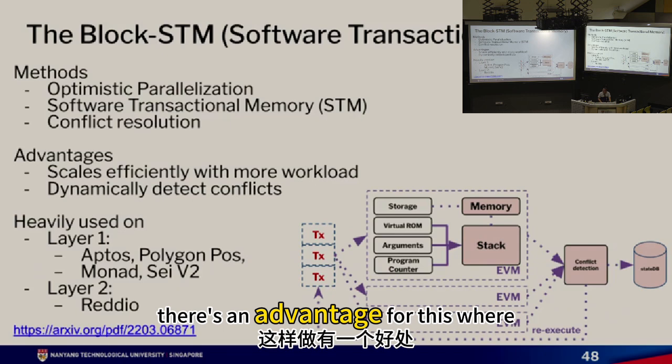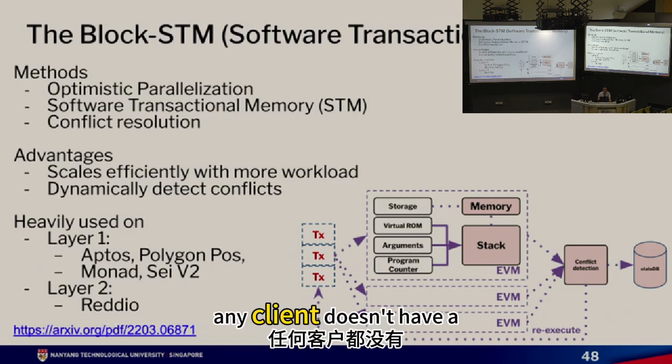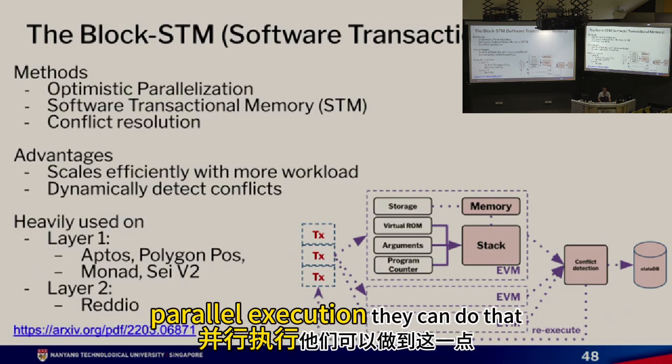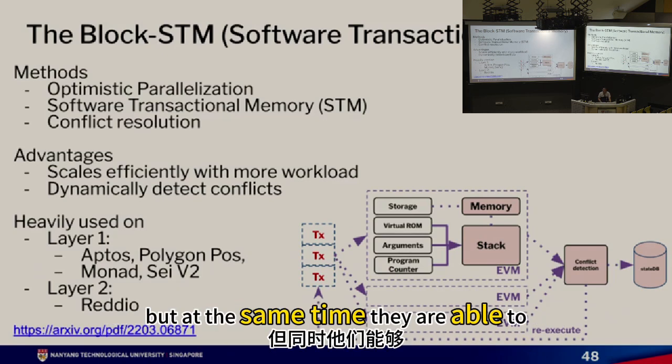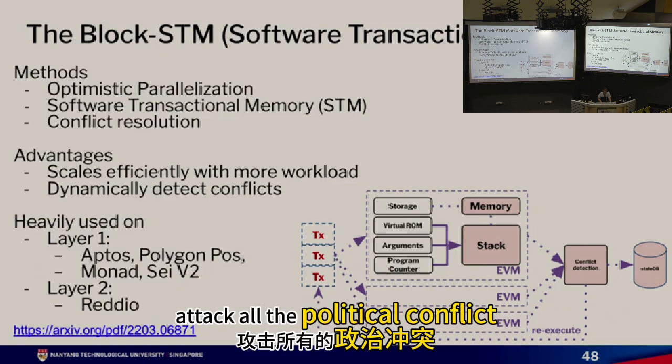Definitely there's an advantage to this, where any client is able to use this approach. Any client that doesn't have parallel execution can do that, and at the same time they are able to detect all the potential conflicts.